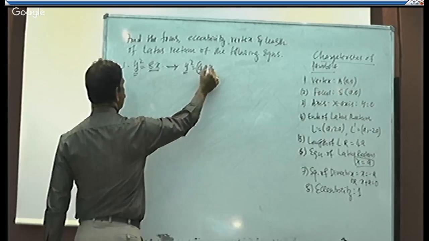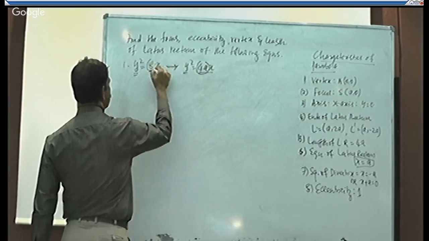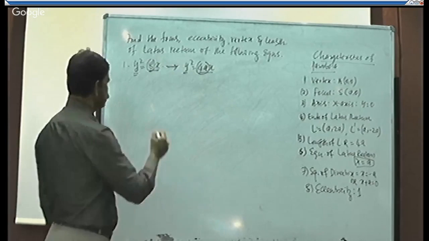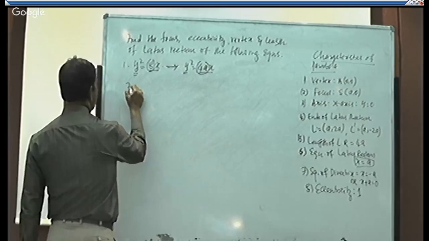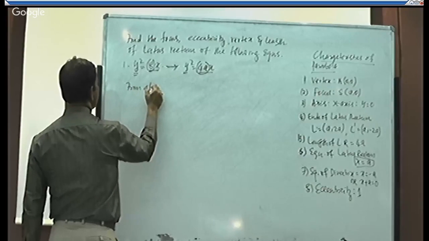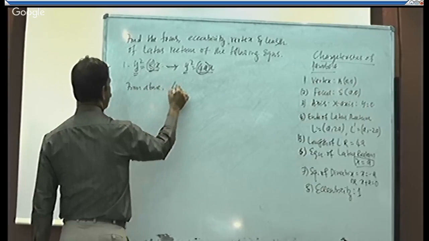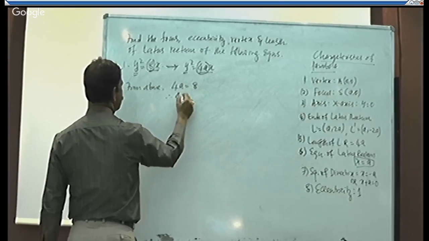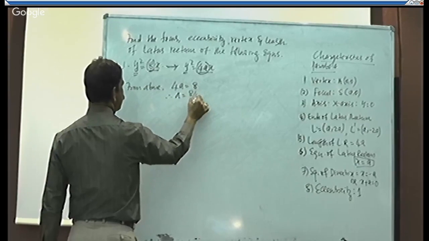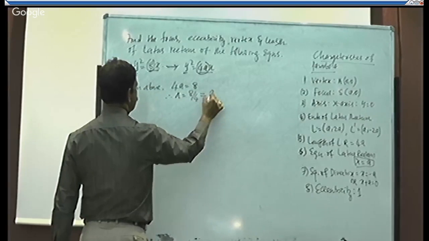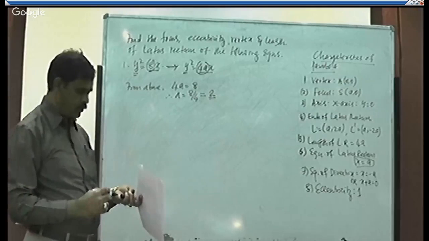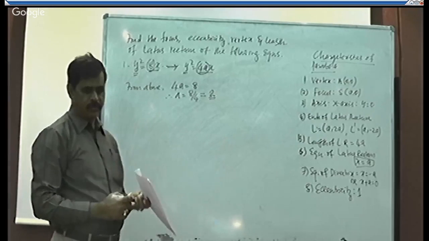In place of 4a we have 8. Correct? Value of a. So from above, 4a is equal to 8. Therefore, a is equal to 8 divided by 4, which is 2. The value of a is equal to 2.